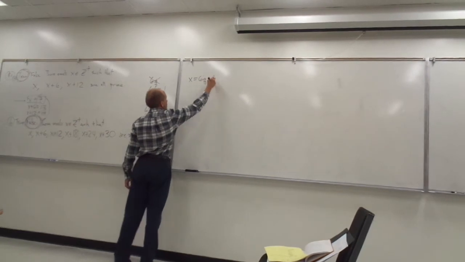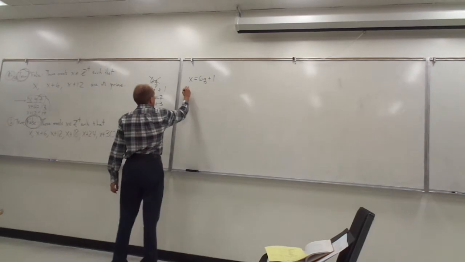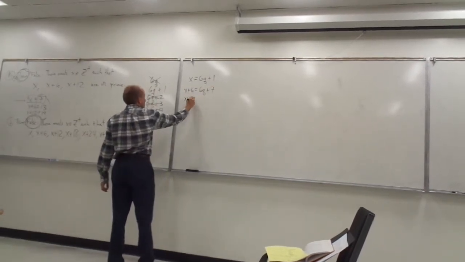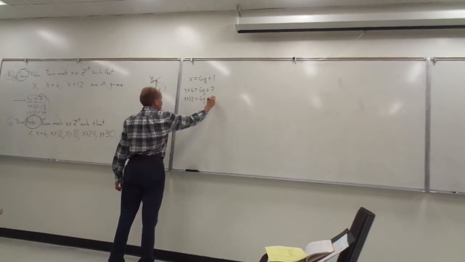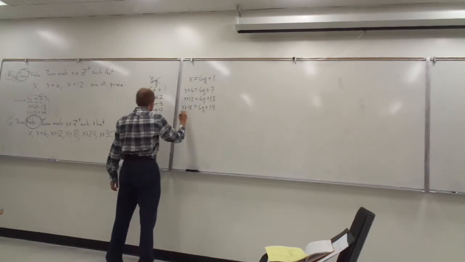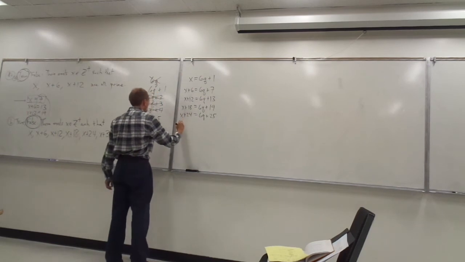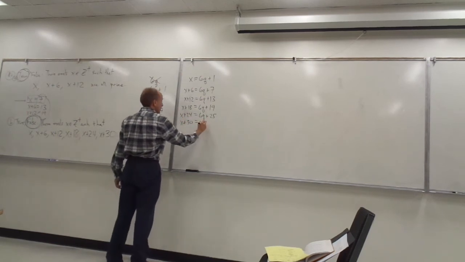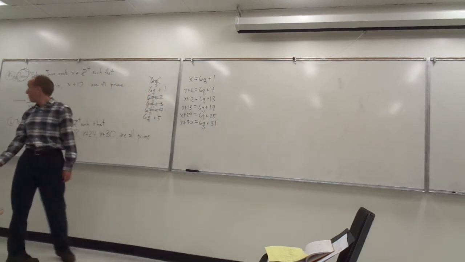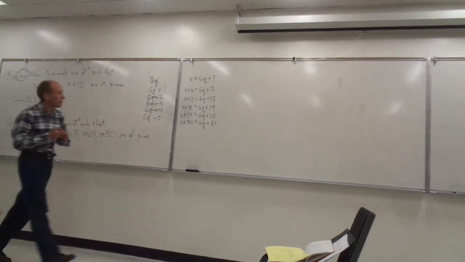Suppose that x is 6q plus 1, then x plus 6 would be 6q plus 7, x plus 12 would be 6q plus 13, x plus 18 would be 6q plus 19, x plus 24 would be 6q plus 25, and x plus 30 would be 6q plus 31. So that would be the form of the 6 numbers that we have.